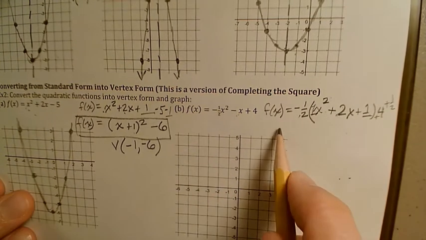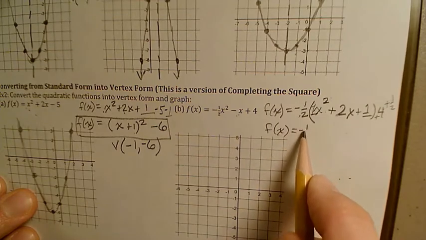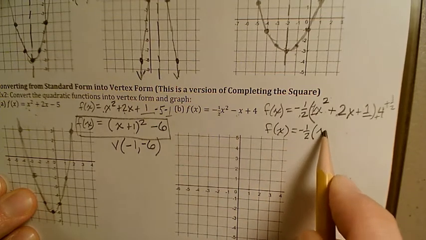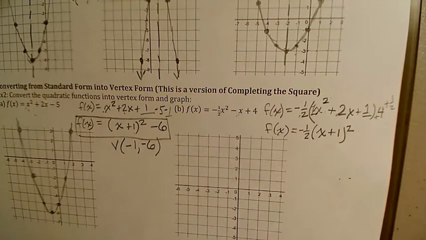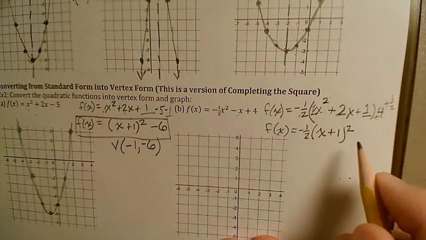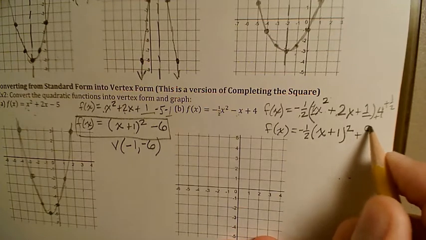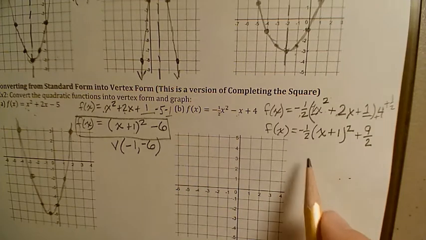Okay, so let's see what we've got then. We have f of x equals -1/2 times the quantity x plus 1, squared, and then 4 plus 1/2, why don't we just say that's 9/2.